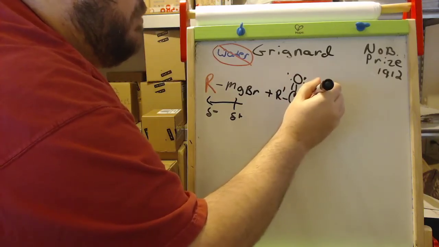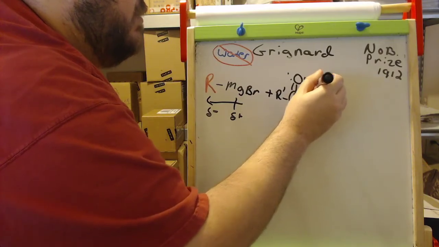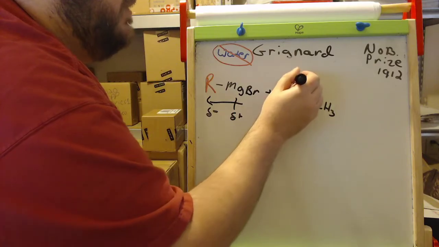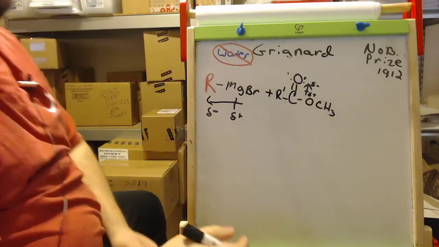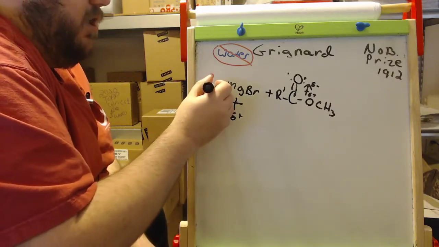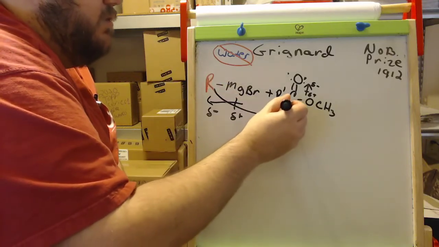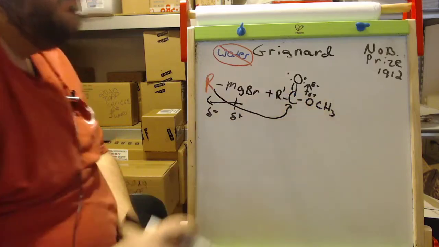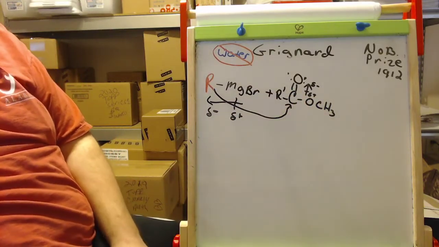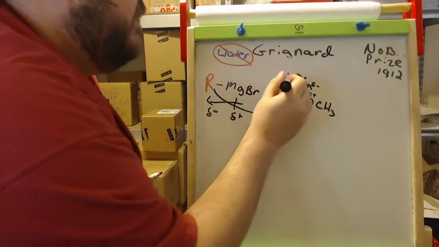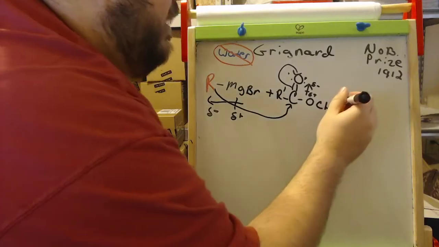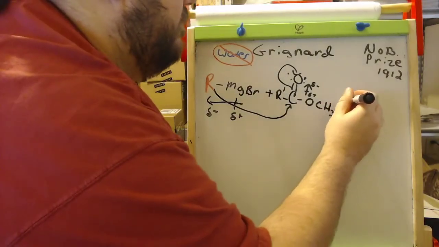Carbon is partially positive, and so this carbon is partially positive. Oxygen is partially negative. That means that this carbon's electrons that are used there are going to attack here. And we're going to get our intermediate. This is going to come up again. And our intermediate's going to look like the following.